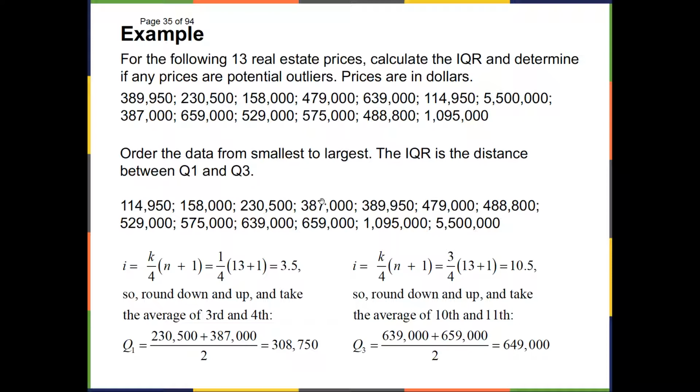Now, what we're looking at here then gives us the average between those two is 308,750. That's for quarter 1. For quarter 3, now it's 3 as k. N is now 13. Well, it's still 13. And we get our number, doing the math here, of 649.